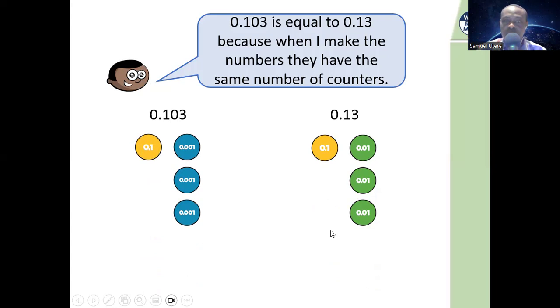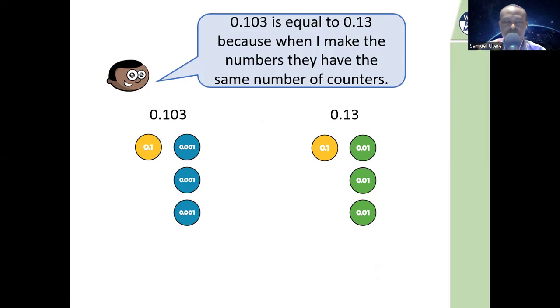But remember, we have to compare using the correct place value. So if we compare just looking at the digits, that is the tenths, that's the tenths. We have 1, so we don't need to think about that. This is the hundredths, and that's the hundredths. So for the hundredths, we have 3 counters, but here we have nothing.